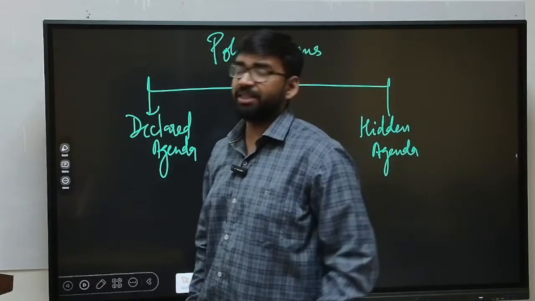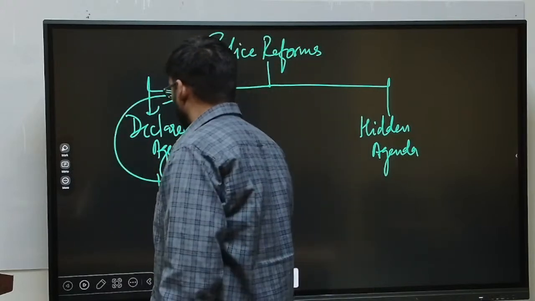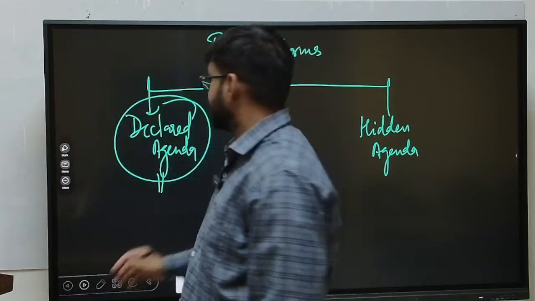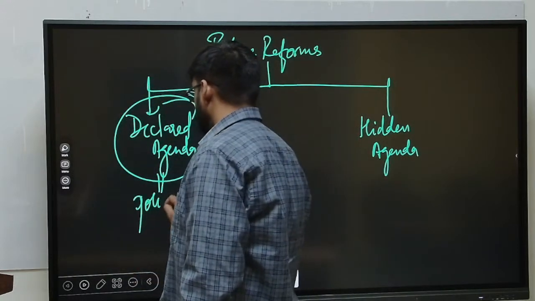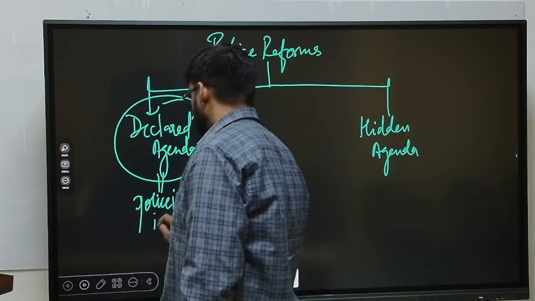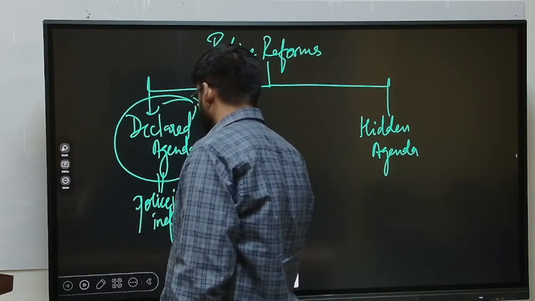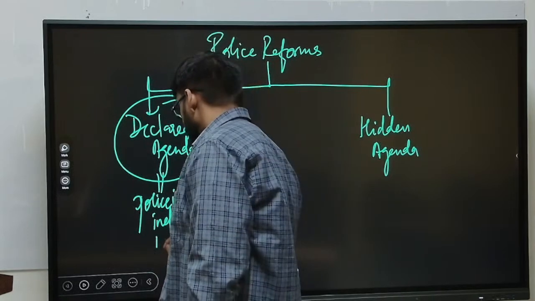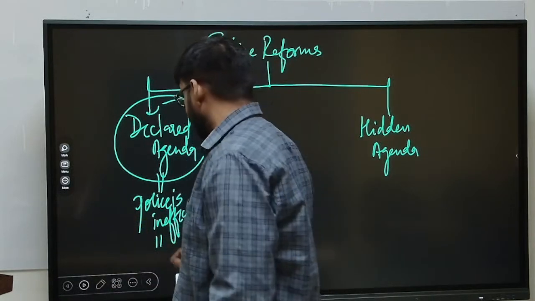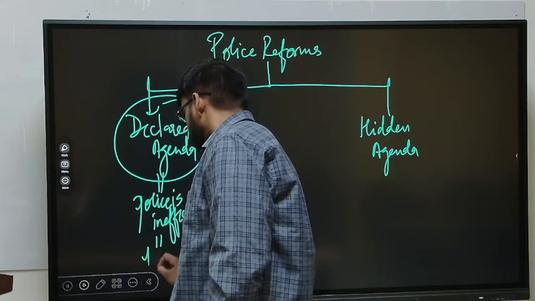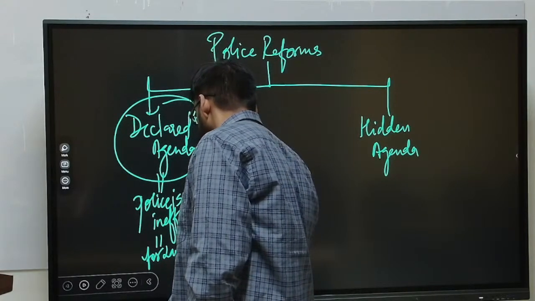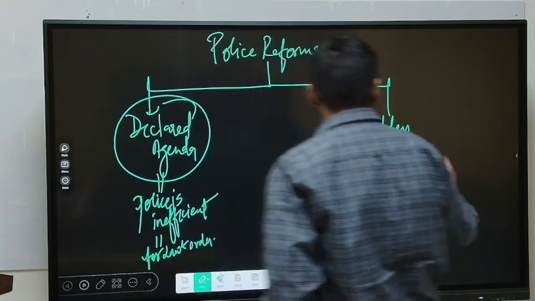His declared agenda, which is declared for the public, for the masses, was that police is inefficient, so for that, for law and order. So what was his real agenda?